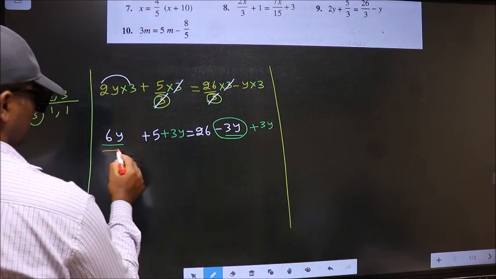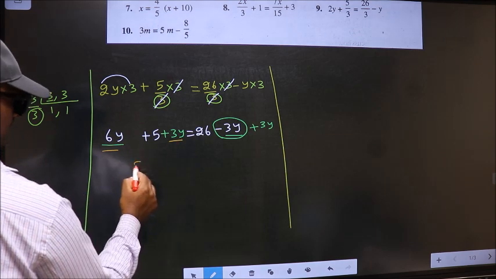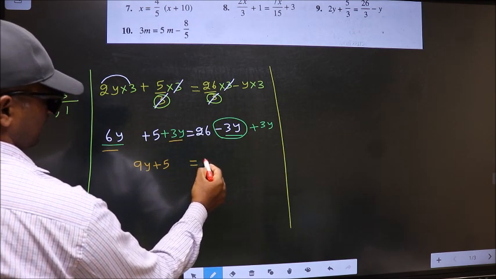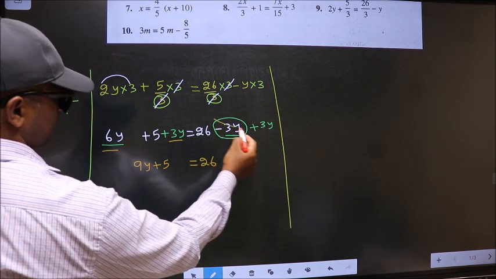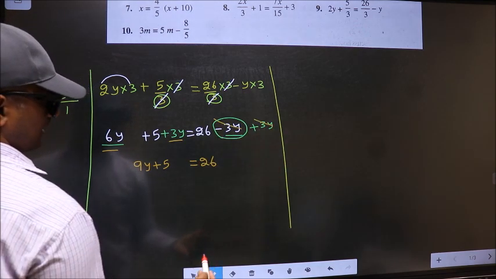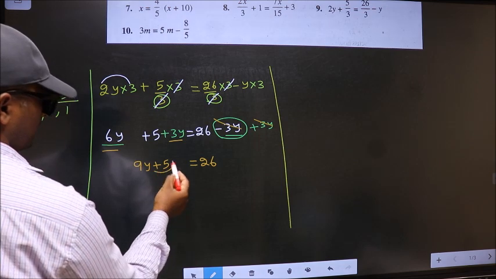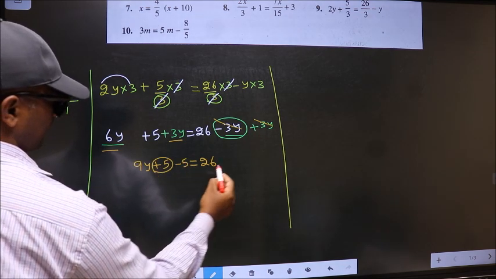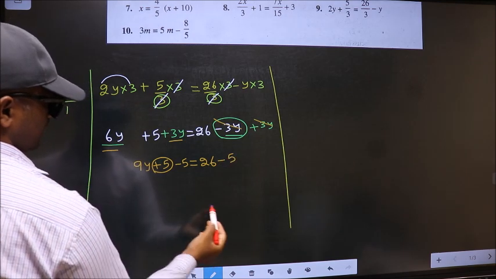Now 6y plus 3y is 9y plus 5 equal to 26. Minus 3y plus 3y cancel out. Now we should remove plus 5. To remove plus 5, you subtract 5 on both sides.